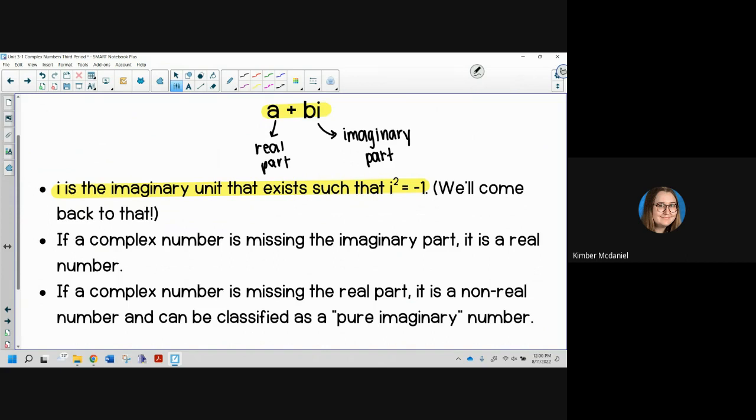On the flip side, if you have a complex number that is missing the real part, meaning it only has the I part, we consider that to be a non-real number, and we classify it as a pure imaginary number. Those bottom two bullet points I do not have highlighted because you're going to see that here in just a minute with some practice that we're going to do. But just make sure again that we know if it's missing the imaginary part, we consider it to be a real number. And if it is missing the real part, then we consider it to be a non-real number, and it's classified as a pure imaginary number.